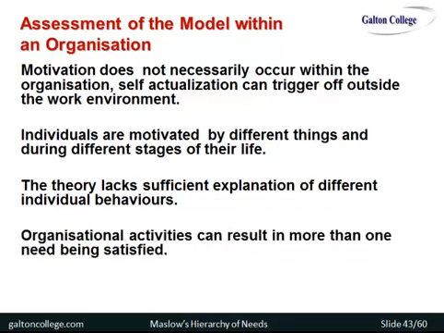Organizational activities can result in more than one need being satisfied. It could be that the organization not just provides a salary which is acceptable, meeting the, if you like, the equivalent of the physiological needs that we talked about earlier, but it also perhaps offers some sort of security or contract so that two levels could be achieved simultaneously.